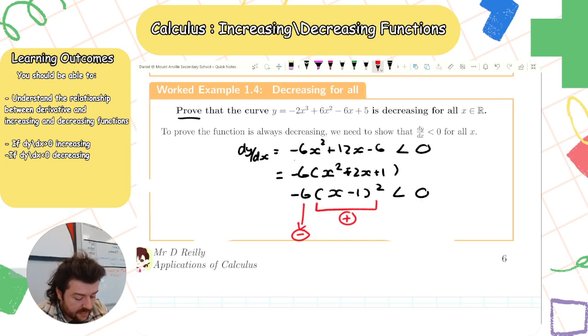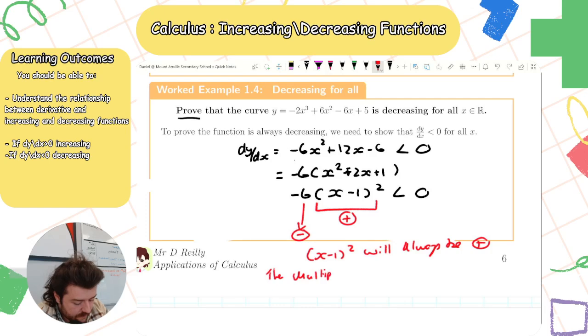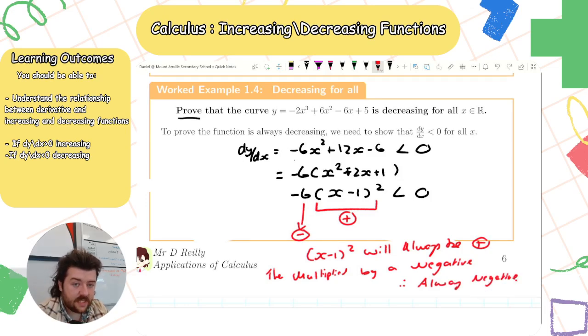So x minus 1 squared will always be positive, then multiplied by a negative, therefore always negative, i.e. always decreasing.